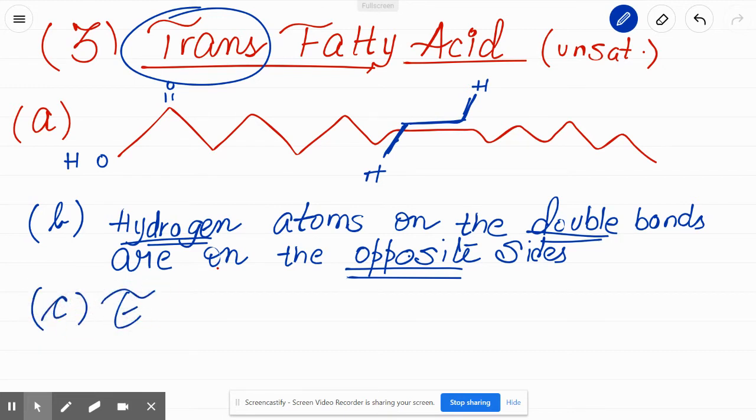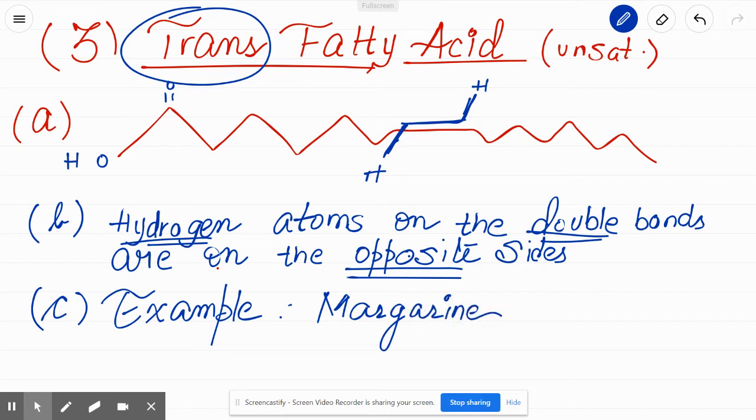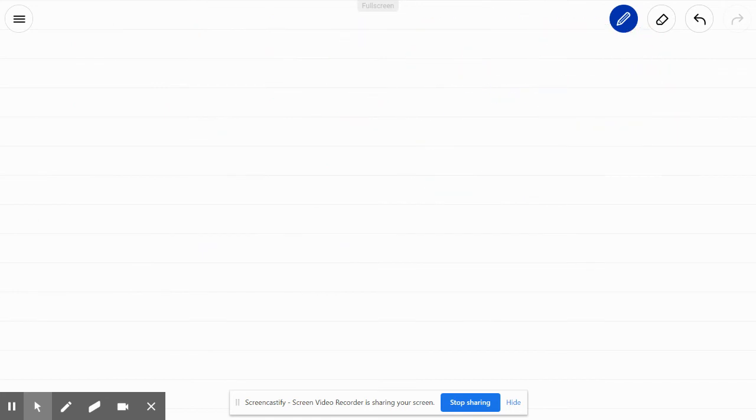Next example, margarine, or some classifications of peanut butter also come under it, and it's not very good for your heart. So some restaurants are told to not use it in their recipes because it's not very good for health. All right. We are done with looking at fatty acids. Now we will move to the second type of lipids, which was in our list, triglycerides.